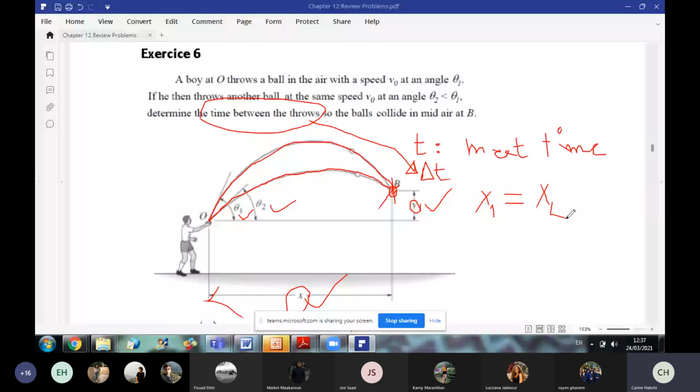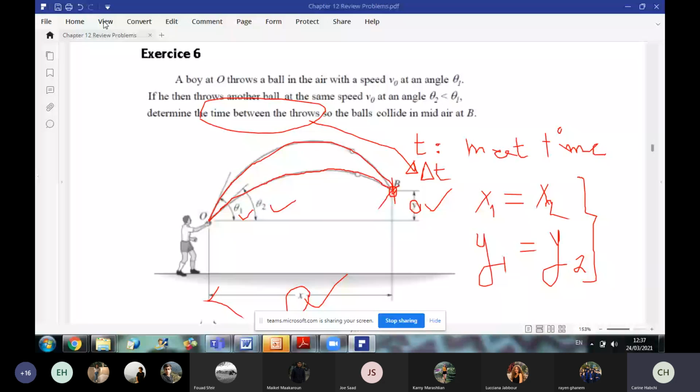And equation number 2 is that y of particle 1 should be equal to y of particle 2. After putting the conditions x1 equal to x2, y1 equal to y2, we will obtain two equations which allow us to solve for the two unknowns, t and delta t.